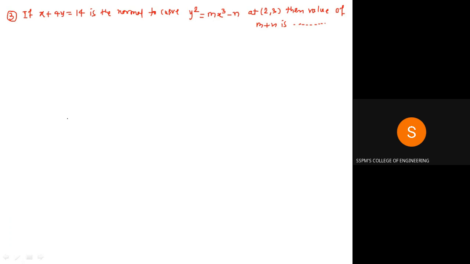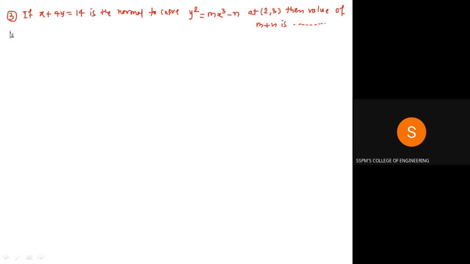From their derivative you will get their slope of tangent. Am I right? And from their slope of tangent, how to get their slope of normal? The product of slopes for both is minus 1. So slope of normal is minus 1 by slope of tangent. Am I right?